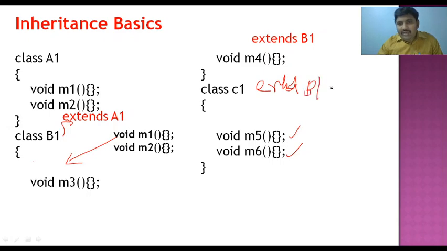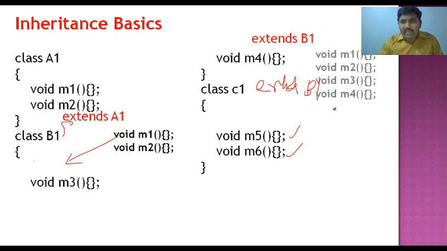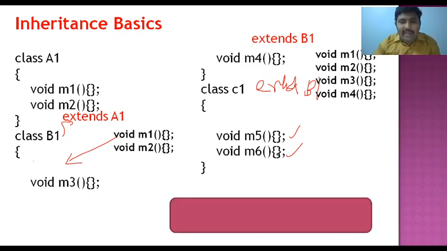If you write class C1 extends B1, then the methods M1, M2, M3 and M4 are also available in class C1. This is how we solve the previous problem. Due to that, we have eliminated the problems of code length and redundancy.